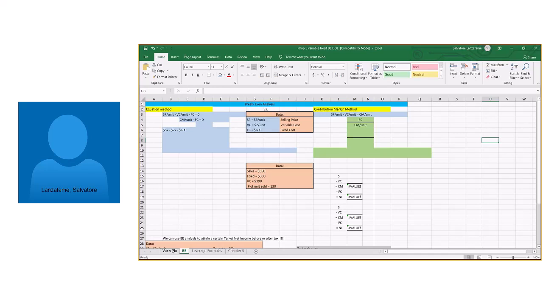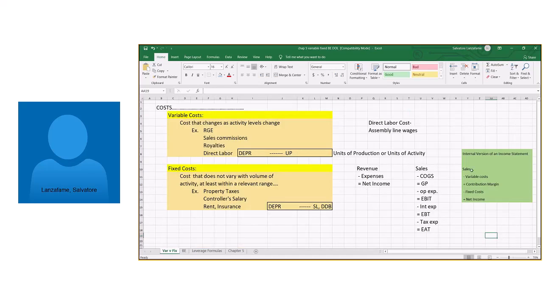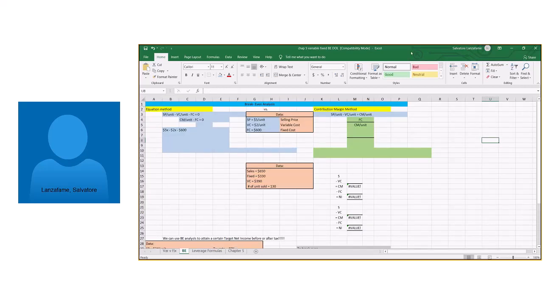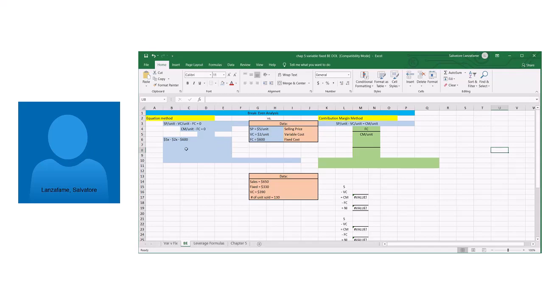And if you remember from the previous sheet, here it is: sales minus variable cost gives you contribution margin. So you can calculate contribution margin in dollars, and you can also calculate it from a per unit point of view. So you have the option of going either direction, but we're going in dollars right now.